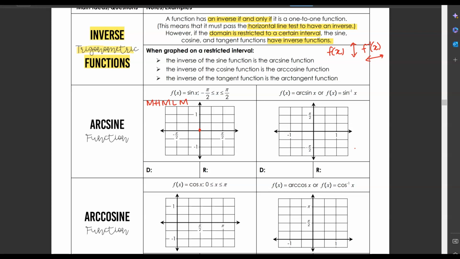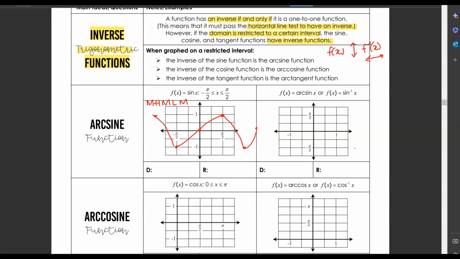So we come up to our high, come down to our low, and back to our middle. It's going to look like this. And we can come down to our low, and come back up to our high.